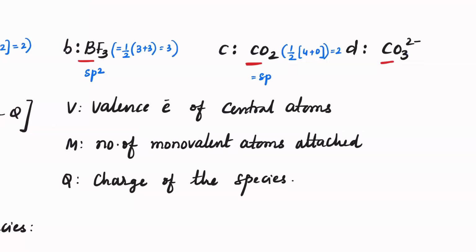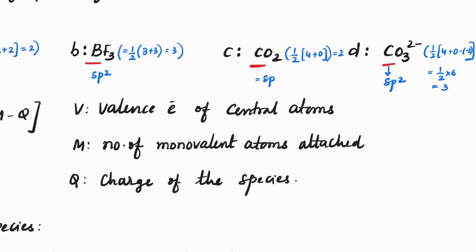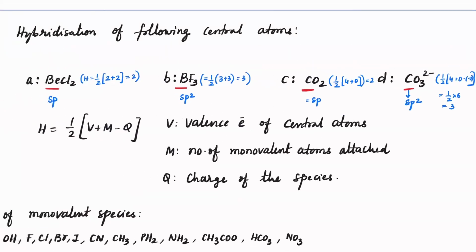Carbonate. In the case of carbonate here, carbon has 4 plus monovalent is 0 and minus of minus 2. So whatever negative charge is there, you will add, positive charge you will subtract. So half into 6, which makes it 3. So carbon is sp2 hybridized. Okay. This is the simplest way you can figure out the hybridization on any central atom given.